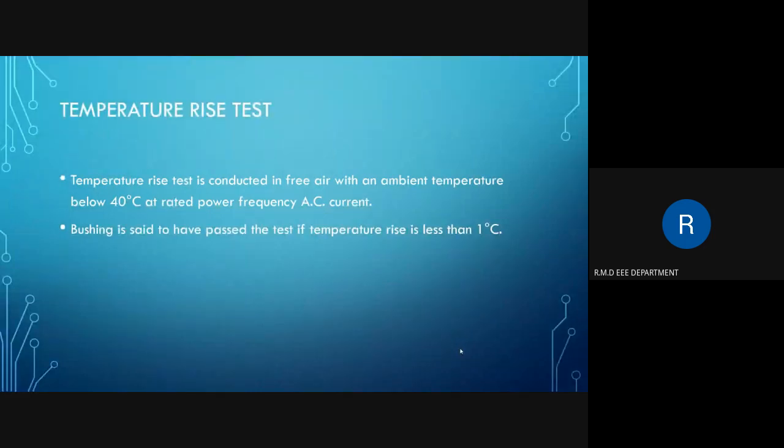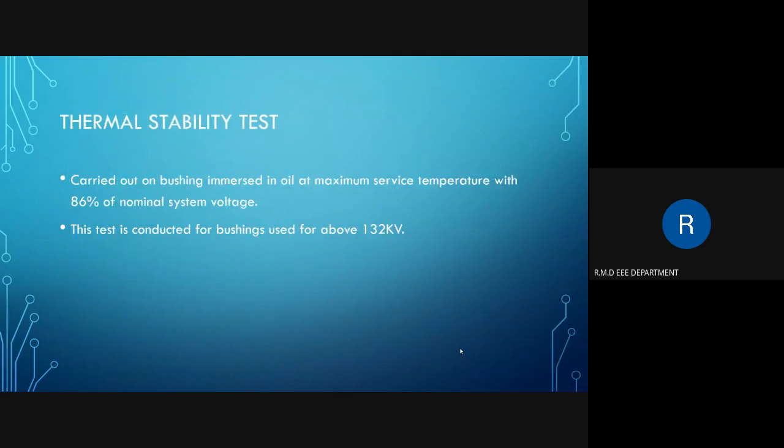The next test is the thermal stability test. The bushing is operated with the transformer. The temperature may increase in the transformer and the bushing beyond 80 degrees Celsius, and thermal runaway conditions will occur. So the thermal stability test is very essential for bushings.